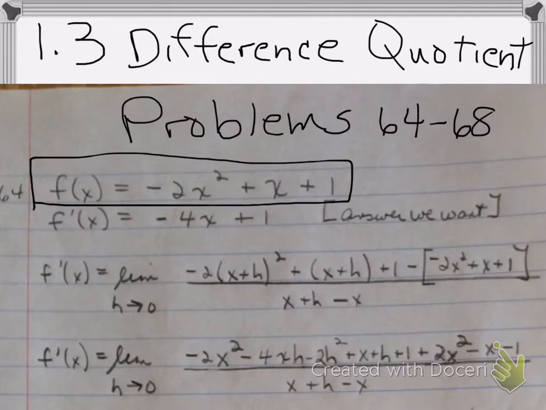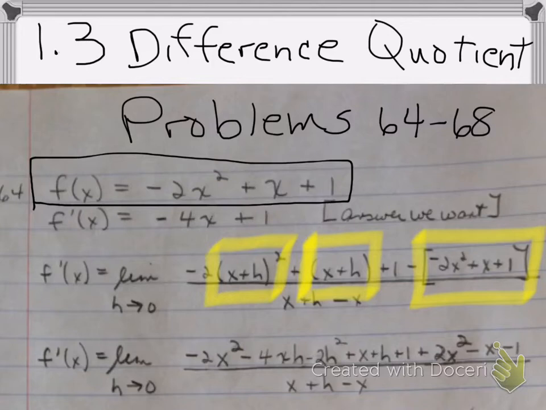Alright, so now what you have to do next is you're going to need to expand this right here. And then you can get rid of these parentheses, and you can get rid of that box if you distribute your negative. So that's what has to happen to our expression first.